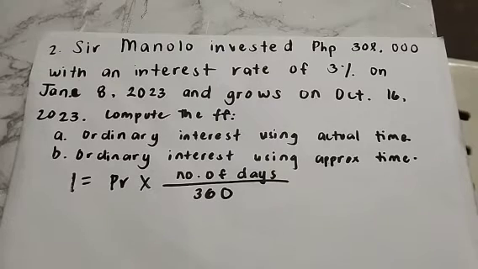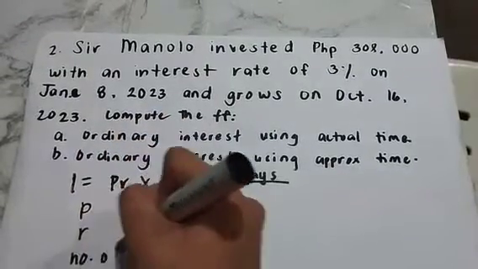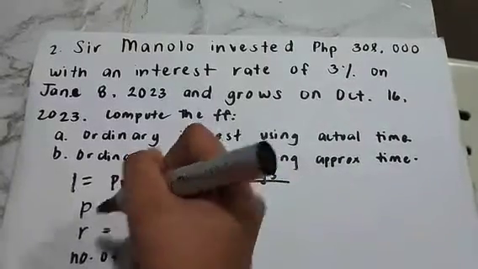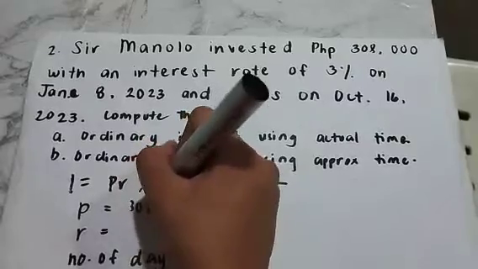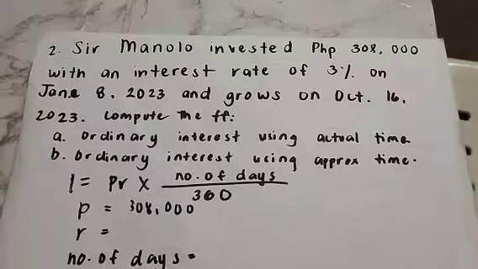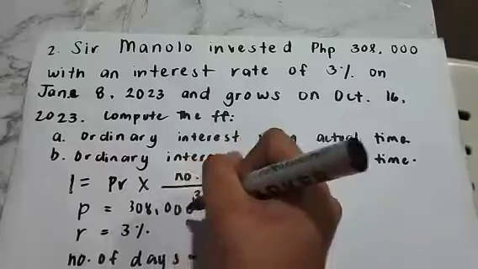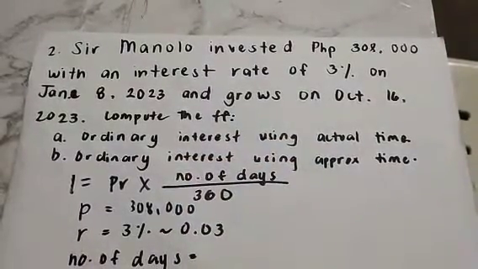So, kunin natin yung given. Principal natin is 308,000. Yung rate natin is 3%. Again, i-divide natin yan sa 100. So, it is equal to 0.03.